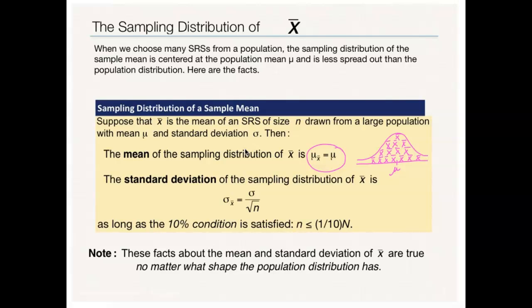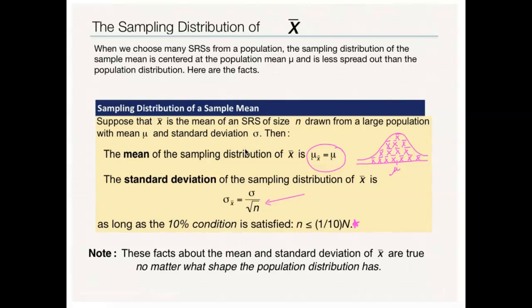And the standard deviation of x bar is given by this formula. So sigma x bar is the population standard deviation divided by the square root of your sample size. Once again, that's as long as the 10% condition is satisfied. So same 10% condition as we had to check for sample proportions, which is your sample size has to be less than 1/10 of the population size.